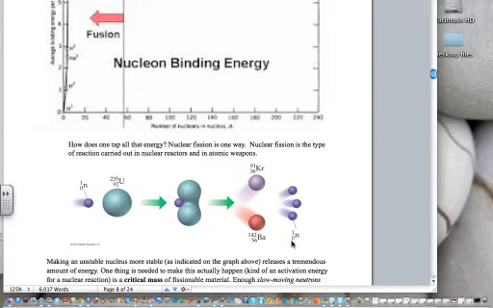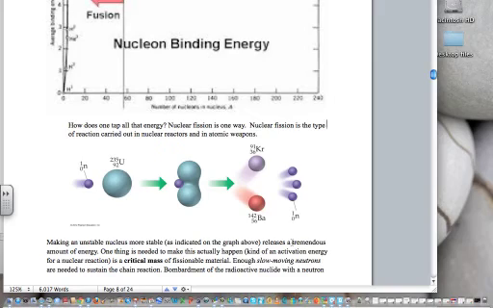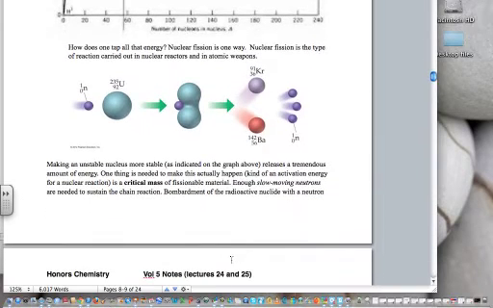Those additional neutrons then are able to hit other atoms of uranium or plutonium, and you end up with a chain reaction. One thing that you need to actually make this happen, it's kind of like an activation energy, is a critical mass. So enough slow-moving neutrons are needed to sustain the chain reaction.